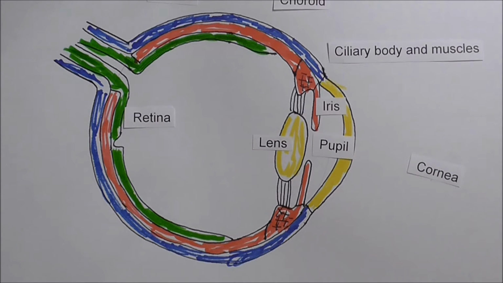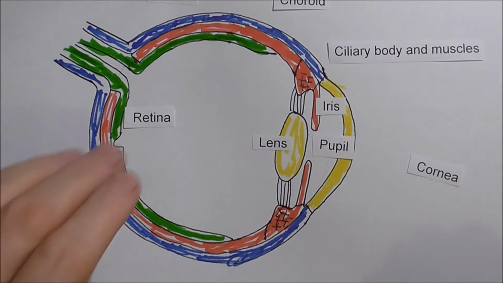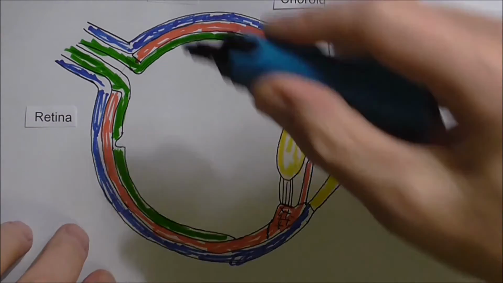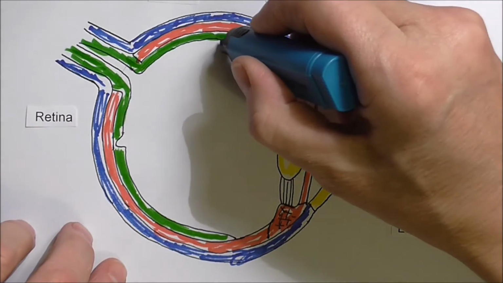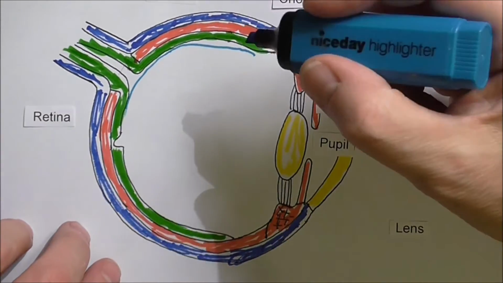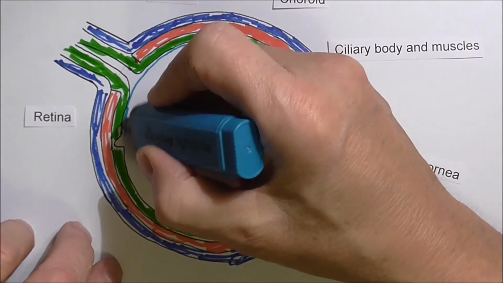Now, there are chambers in the eye. There's a large back chamber here, which I'm going to draw in light blue. There's a large chamber at the back. And this is the vitreous body.